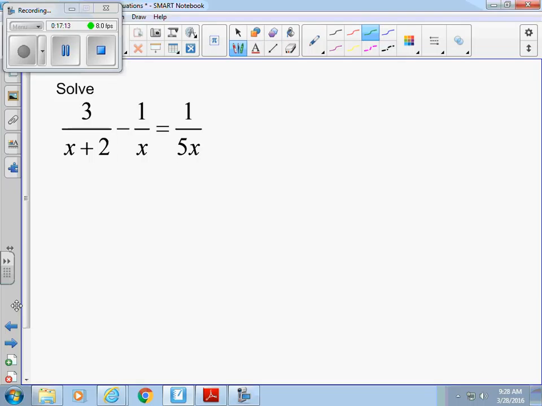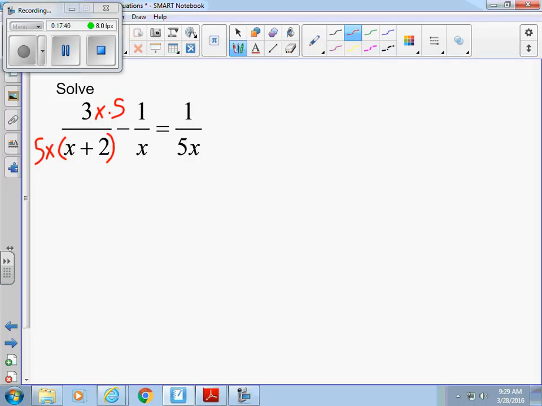Okay, so you tell me, what does the fraction with the x plus 2 need? An x, right? Ah, okay, I like that. I think it needs an x and a 5. We all agree with that? Yeah. Very good.